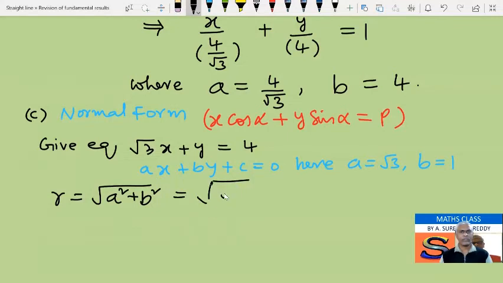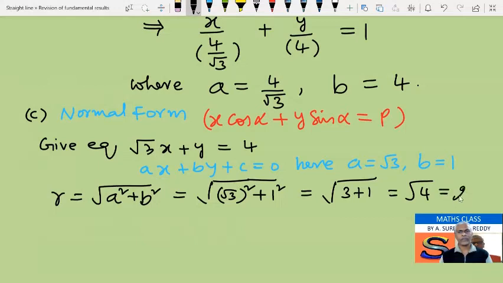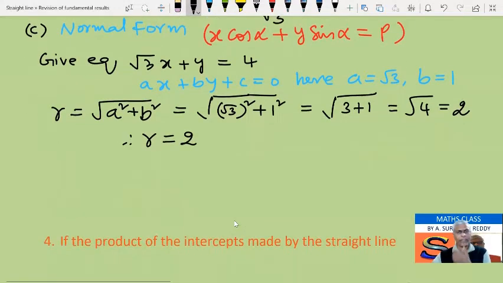A is root 3, so root 3 square is 3, 1 square is 1. That is root 4, the value is 2. So r value is 2. So dividing the equation by 2.